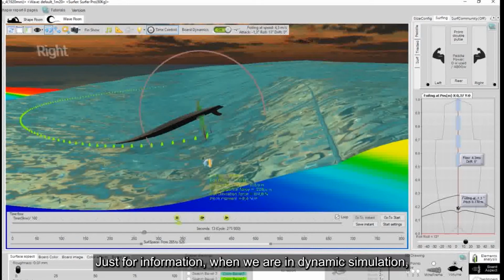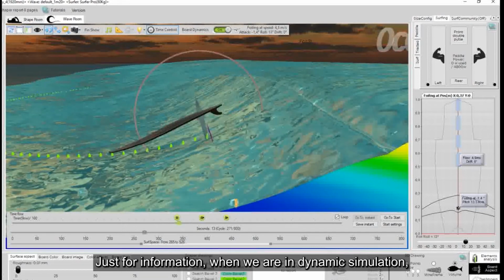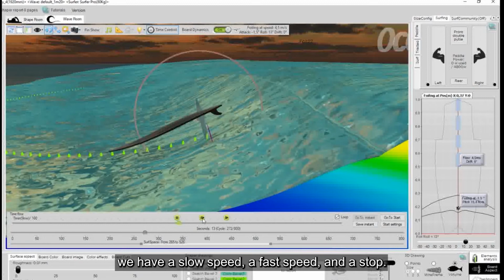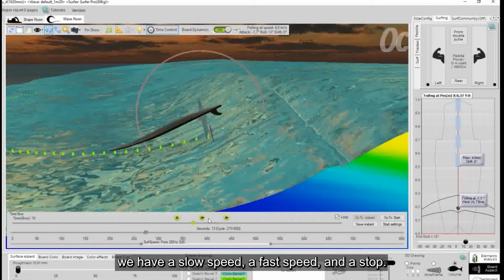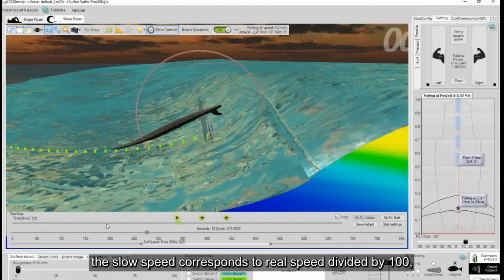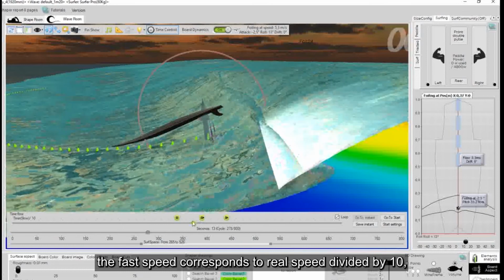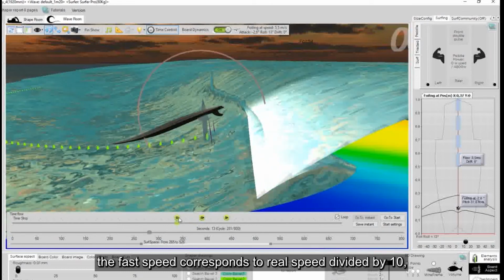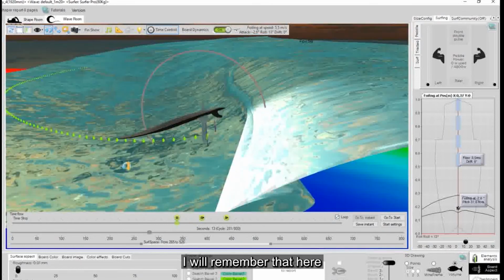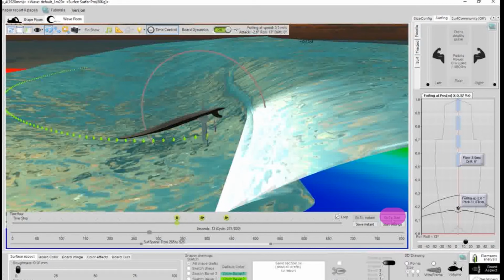Just for information, when we are in dynamic simulation, we have a slow speed, a fast speed, and a stop. The slow speed corresponds to real speed divided by 100. The fast speed corresponds to real speed divided by 10. I will remember that here we have go to start again at the beginning of the wave.